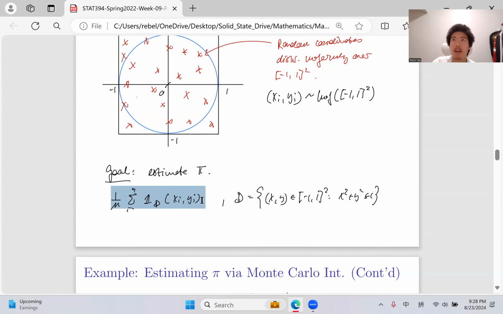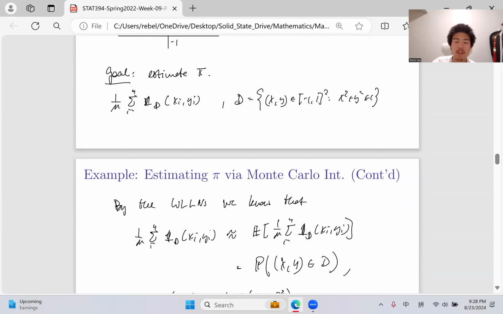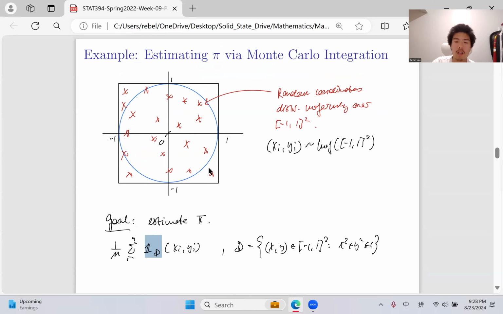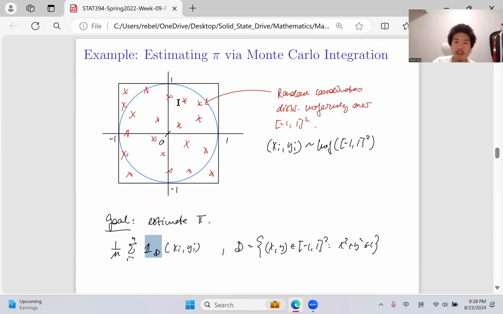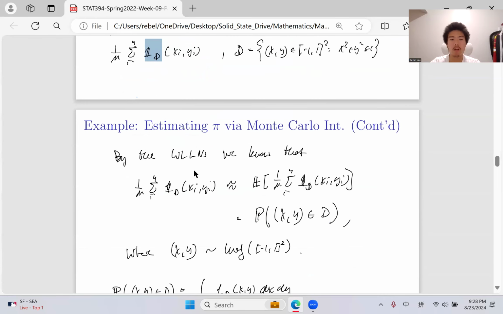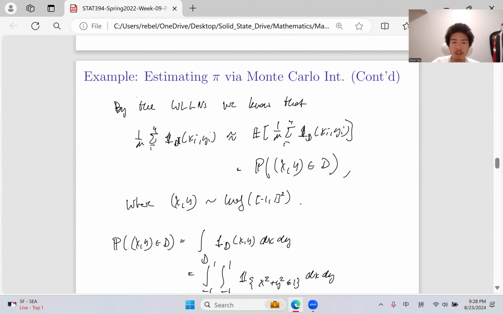Because this term is 1 over n times the sum over the points selected, and each point is selected from a uniform distribution inside this area of 4. If it's inside D, we say it's 1, and if it's outside D, which means in the four corners outside the circle, it's 0. Okay, so by the weak law of large numbers, this is very close to the expected value of itself.